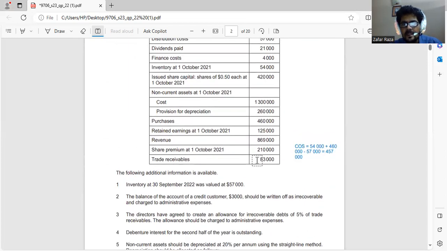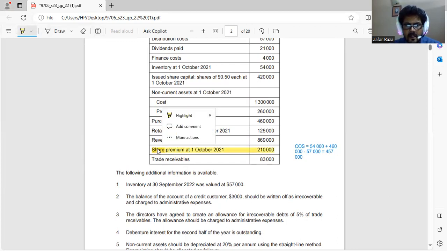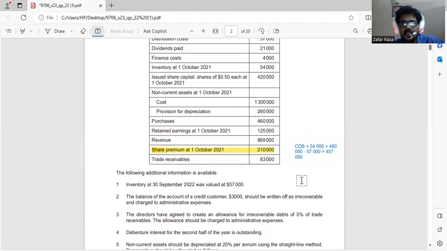The amount of share premium is $210,000, but we are lacking $70,000 here. 280,000 we have to pay, so 70,000 we have to pay from the retained earnings. Are you getting my point clear?